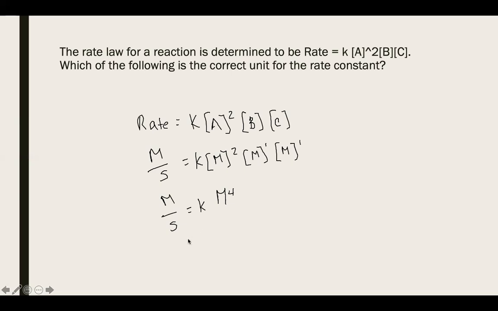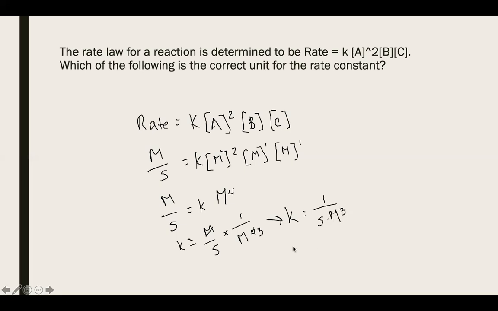So we would do K equals molarity per second times 1 over molarity to the 4th. One of our molarities is going to cancel out, but we're still going to have 3 remaining. That would mean the units on our K are 1 over seconds times molarity to the 3rd.